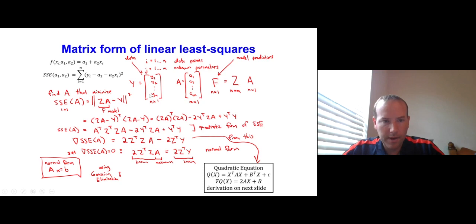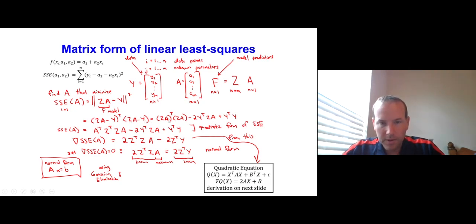Okay, so with that out of the way, let's look at how we can minimize the sum of squared errors. We start out with these squared errors right here, and if we multiply this out, we get (ZA minus Y) transpose times (ZA minus Y).